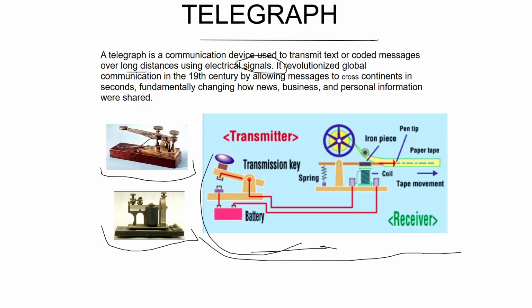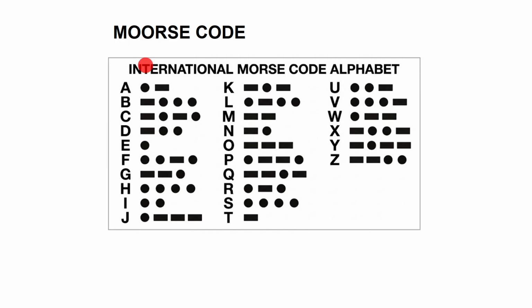Okay, and that is usually possible by, again, something that is standard and is agreed upon. In this case, that was Morse code for the telegraph. And that's basically it.